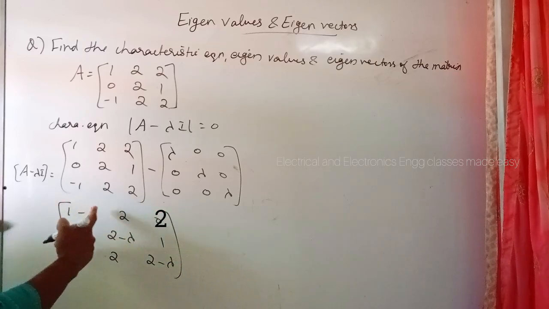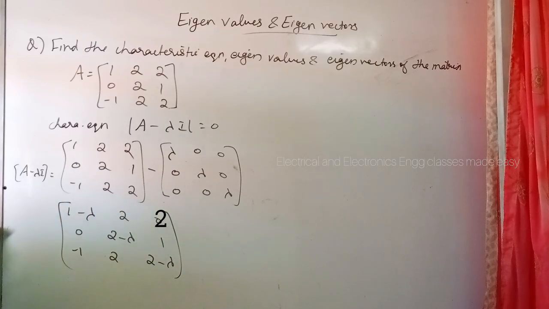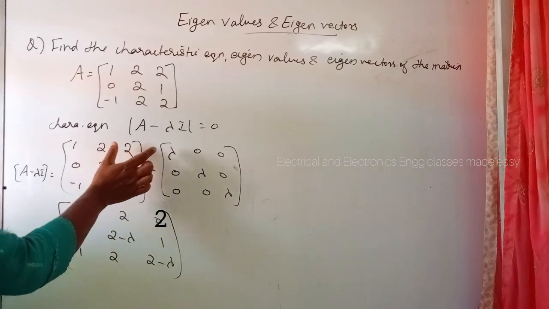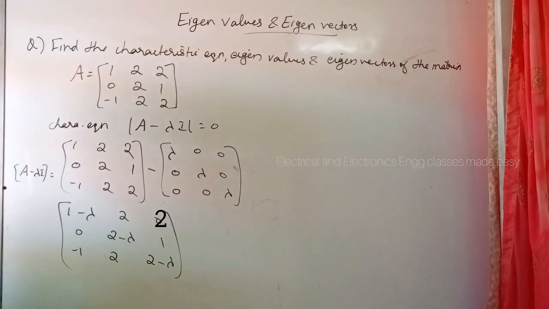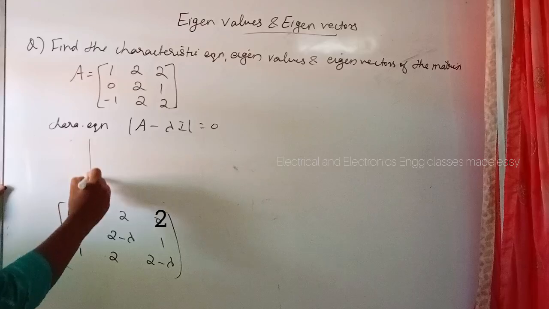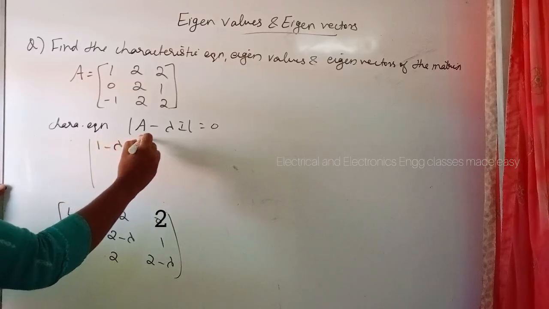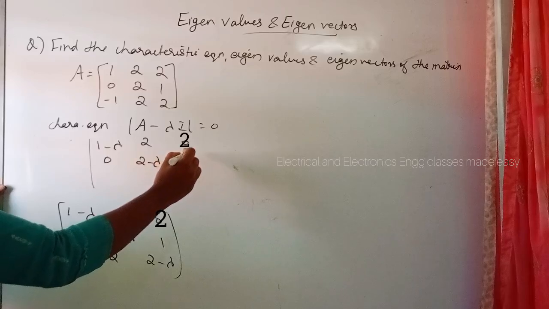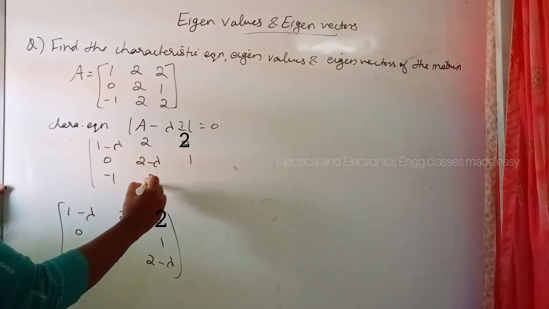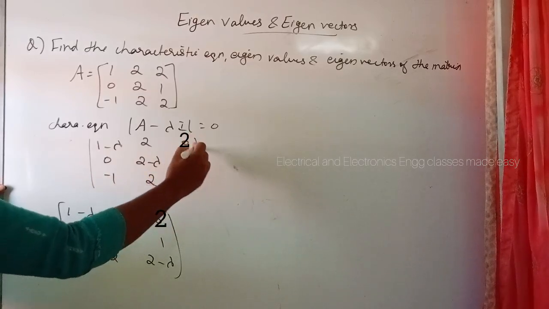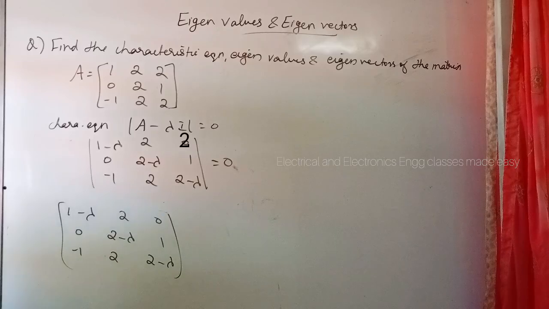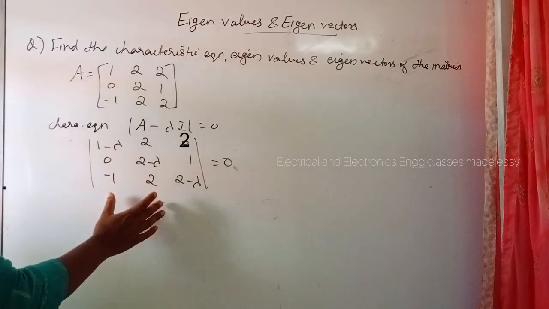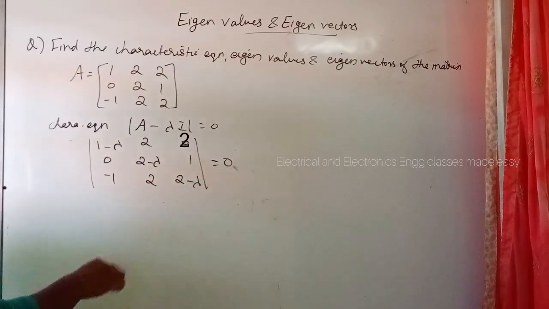Now here we have to find the determinant of this one. So that is the determinant of 1 minus lambda, 2, 2, 0, 2 minus lambda, 1, minus 1, 2, 2 minus lambda equal to 0. Now we have to find the determinant and we get the characteristic equation.